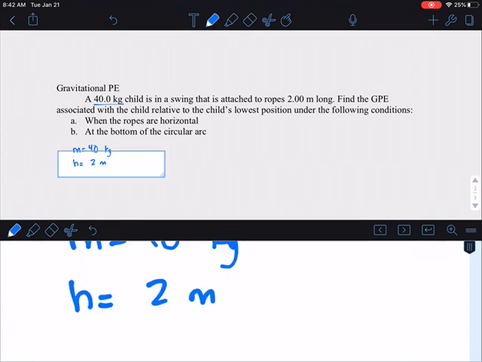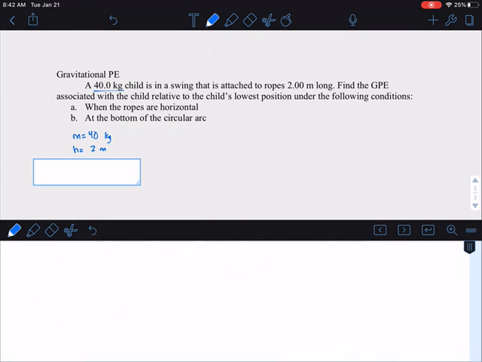If we have our swing and the rope is horizontal, and the ropes are 2 meters long, let's call the resting position 0. So this height is 2 meters.